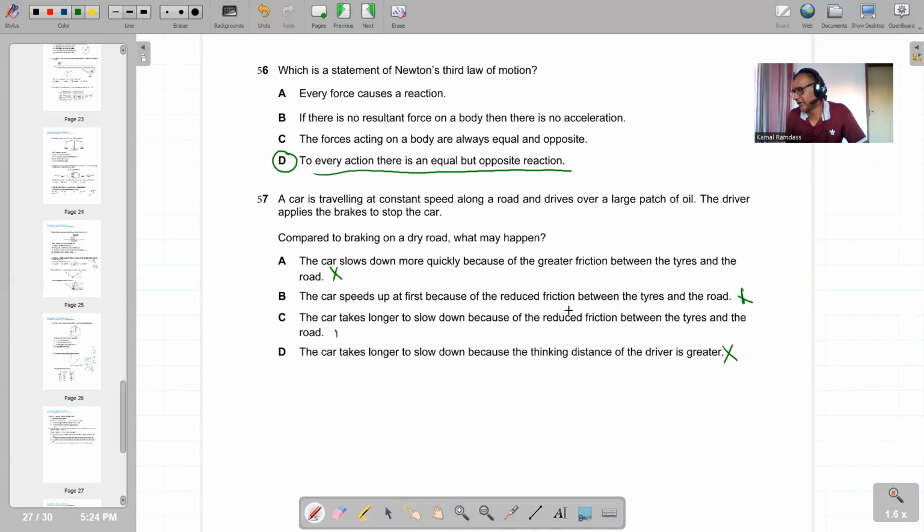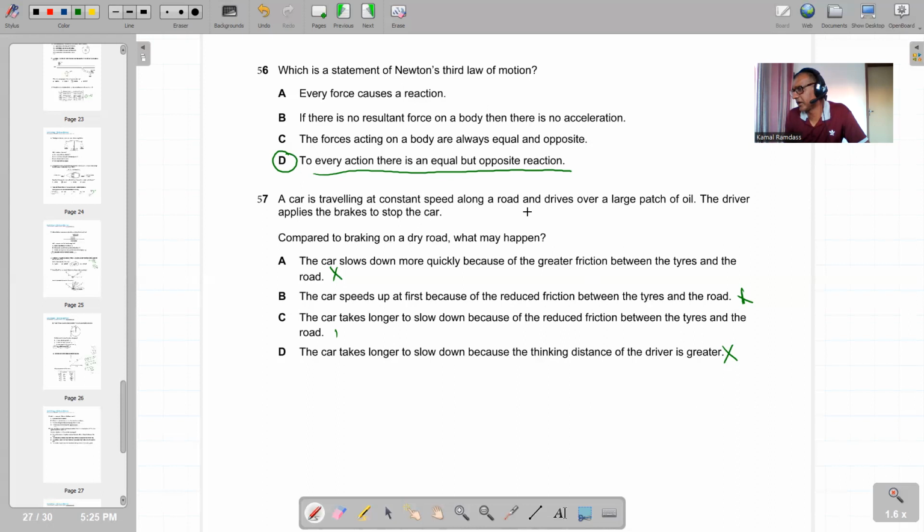Apply brake. The car drives over a large patch of oil. The driver applies the brake to stop the car. These answers seem correct. The car speeds up at first because of the reduced friction between the tires and the road.